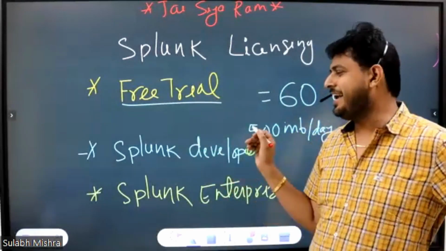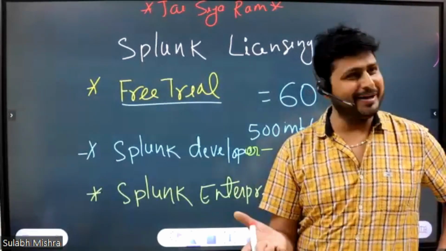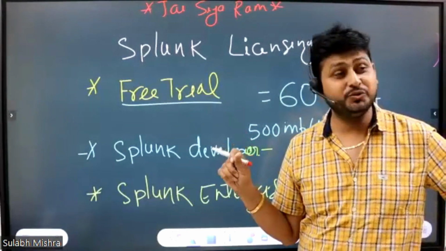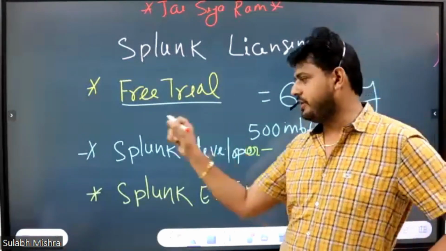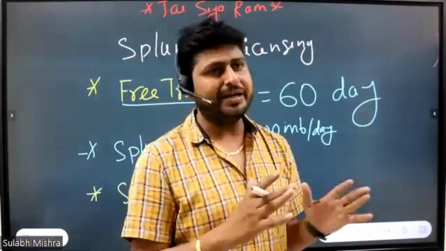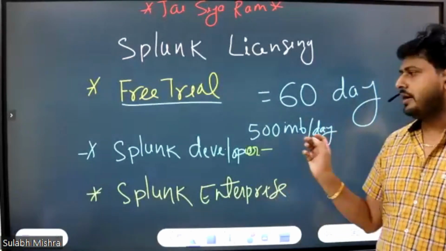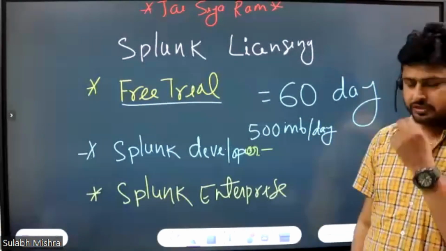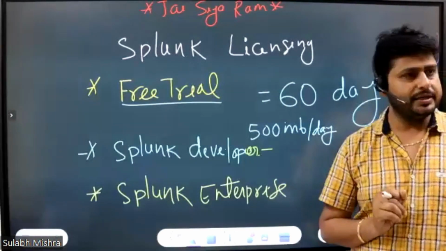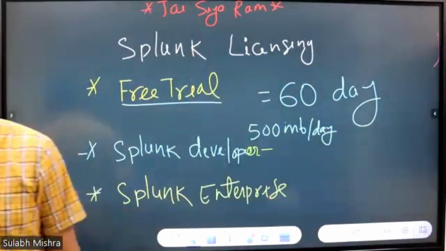If you think that you can have the free developer license and use 10 GB per day in your company, it's a violation of Splunk license usage policies, because when you download the license, it gives you a disclaimer that it is only for R&D, for development purposes, not for commercial use or any other purpose. You select yes after the licensing policies, then only you get this license. If you misuse it, it will be a policy violation of the license.